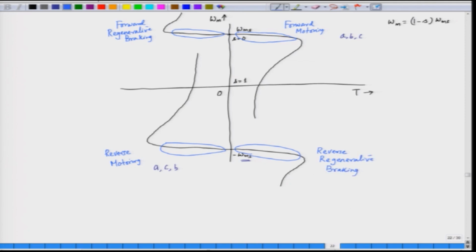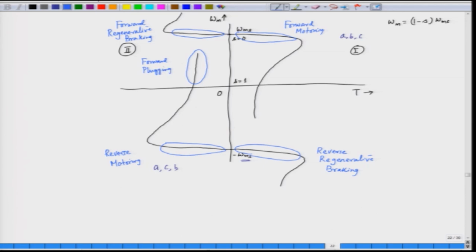So, we have the first quadrant, which is for the motoring, and the second quadrant is for the forward braking, and in the second quadrant we have this characteristic which is basically for plugging. This is called forward plugging. The slip is in fact positive here.